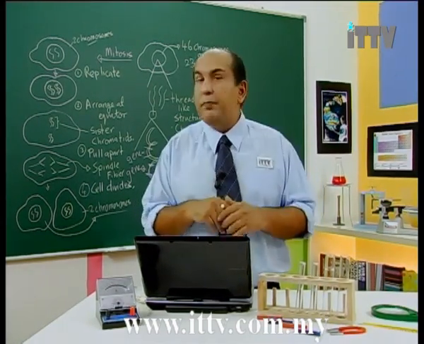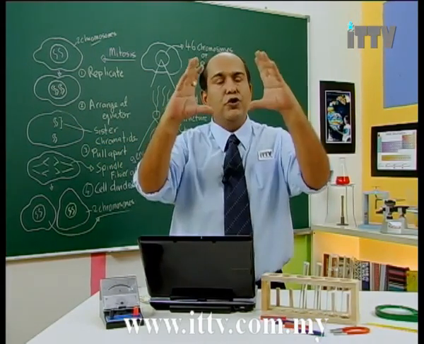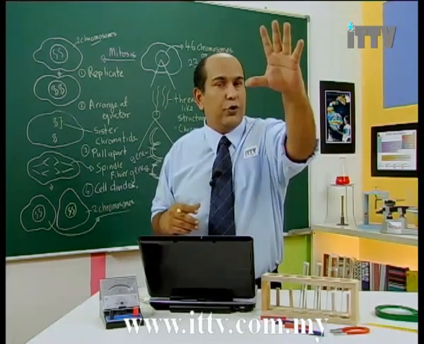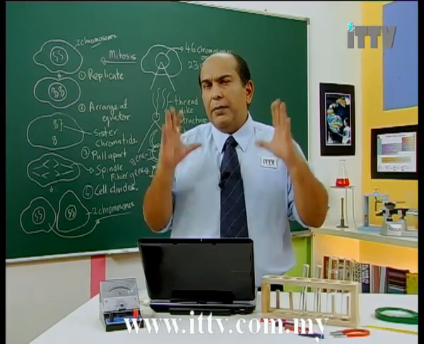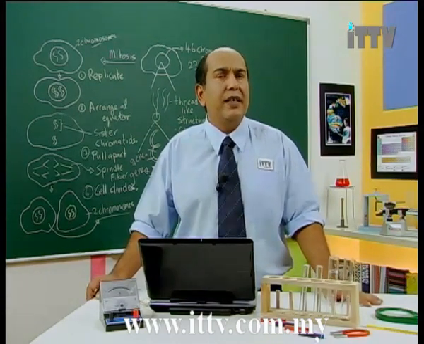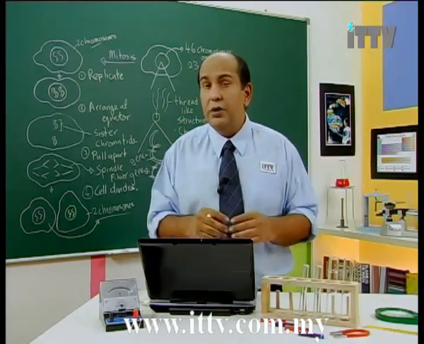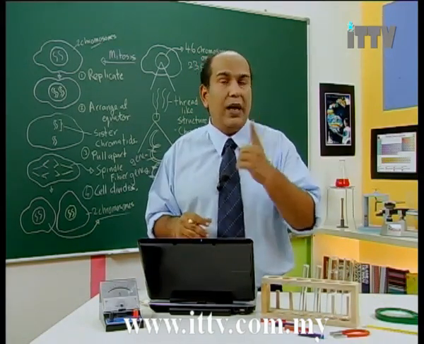Now meiosis is a bit different to mitosis. In mitosis, the chromosomes stayed the same. If I started with 2, I finished with 2. But in meiosis, the idea is a bit different. What we want to do is make the number of chromosomes half. If I start with 2, my daughter cells must have 1.